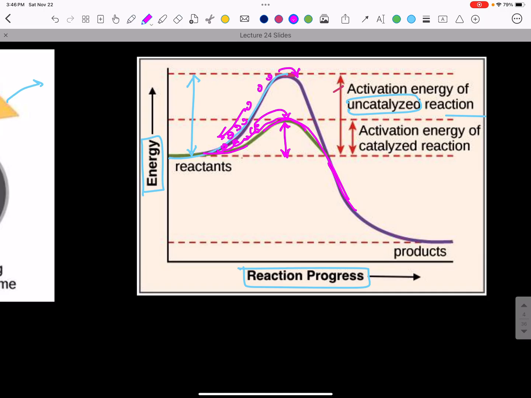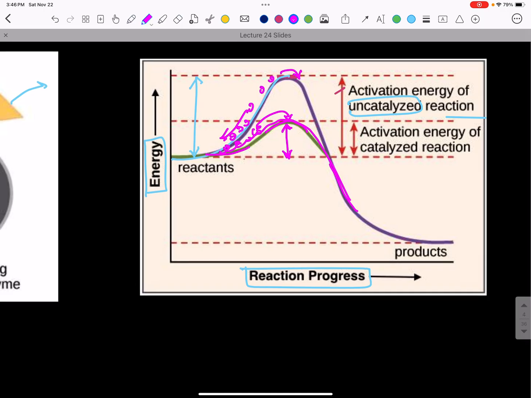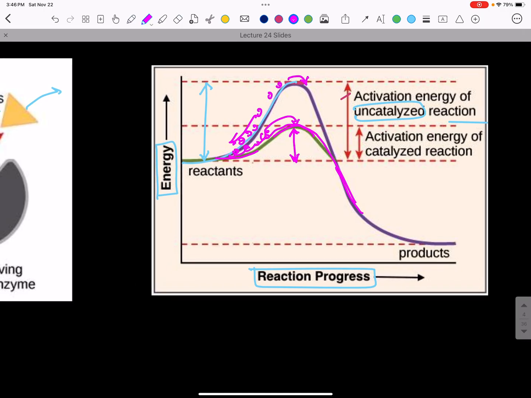Another thing to note here is enzymes, all they do is they affect the rate of the reactions. So enzymes only increase the rate of the reaction.